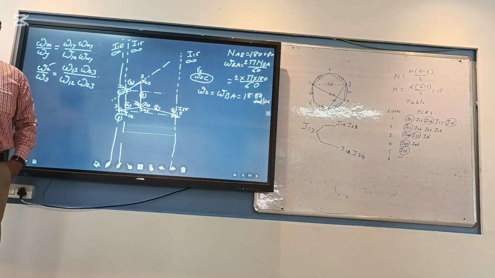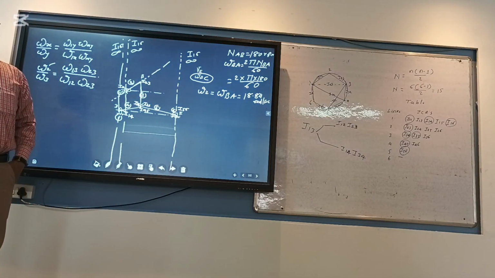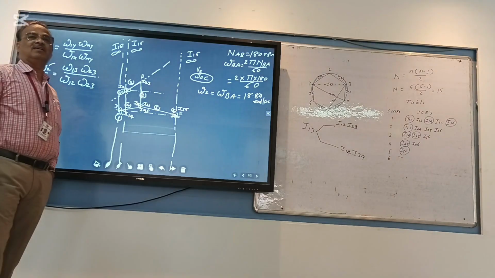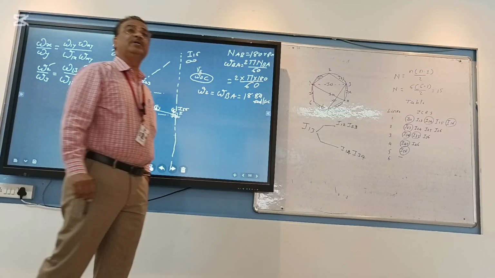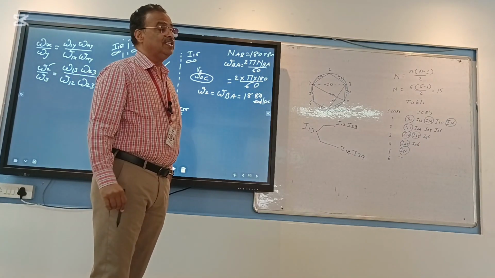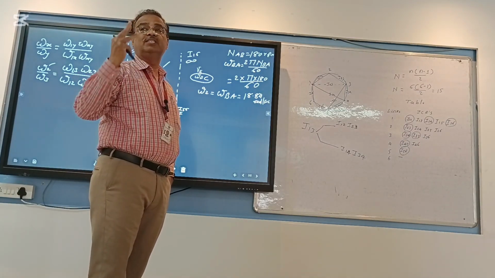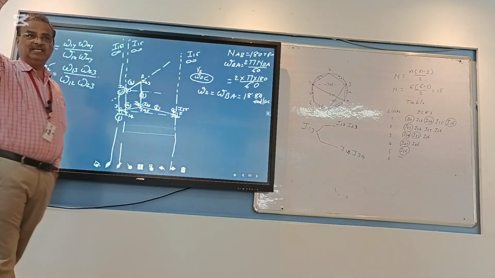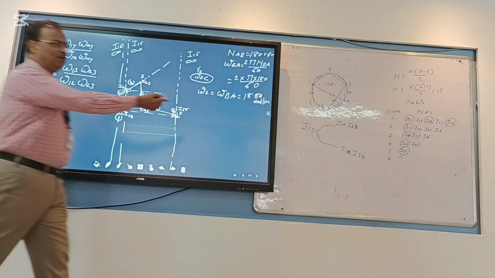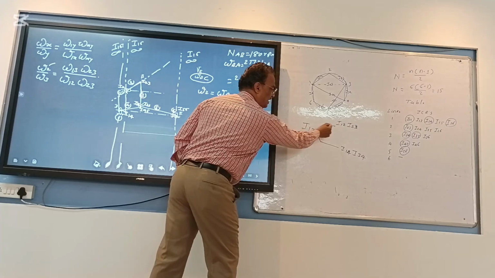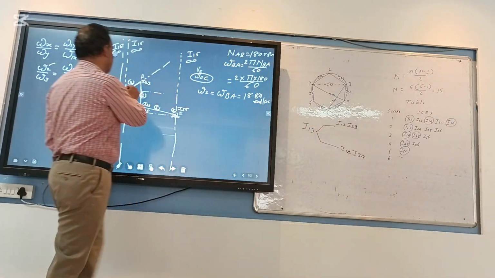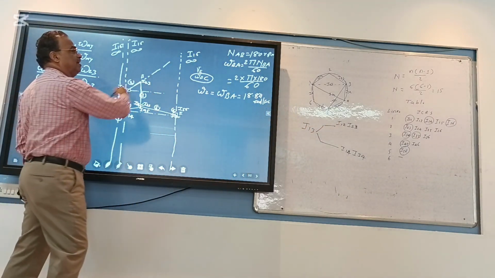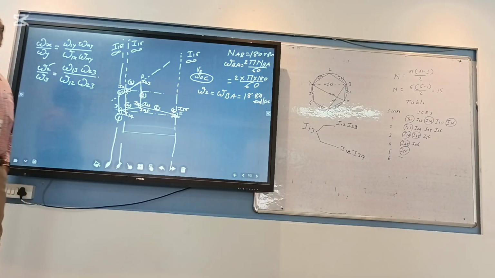If three links are connected with each other and have relative motion with each other, they will form three ICRs and all these three ICRs will be in one line. So 1, 3 will come in the line of these two ICRs.